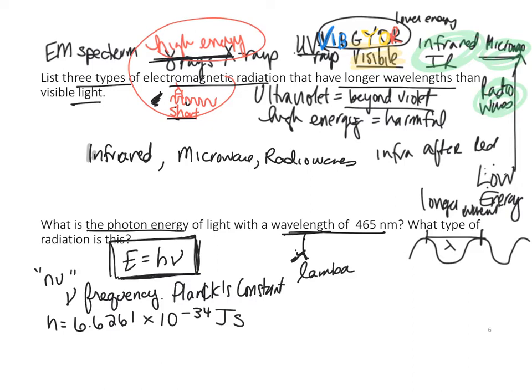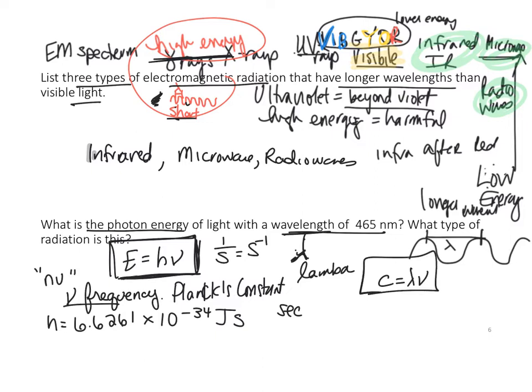So let's talk about the frequency. Frequency is how many waves cross at 1 second. So the units are 1 over s, and s is a second. Or you might see s to the negative 1, which is the same thing as 1 over s. All right, now the other formula you need is c equals lambda nu.